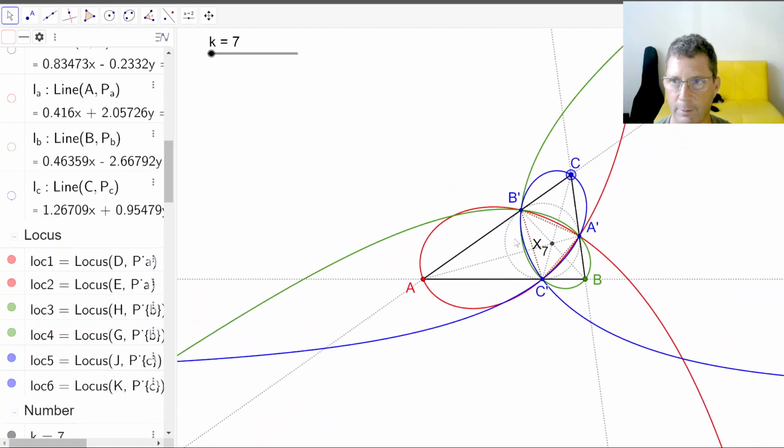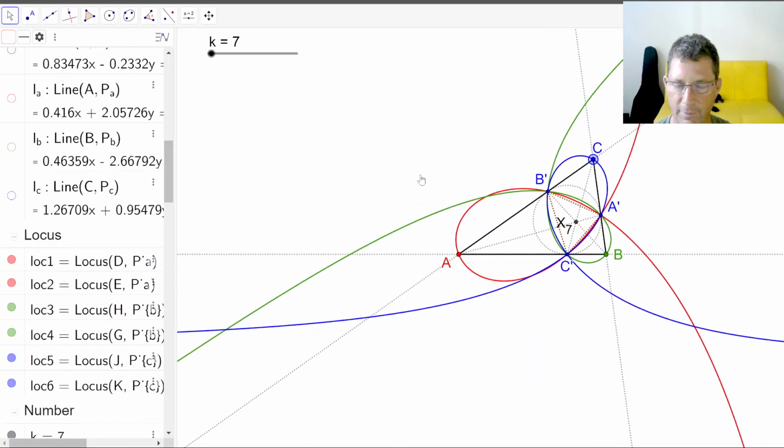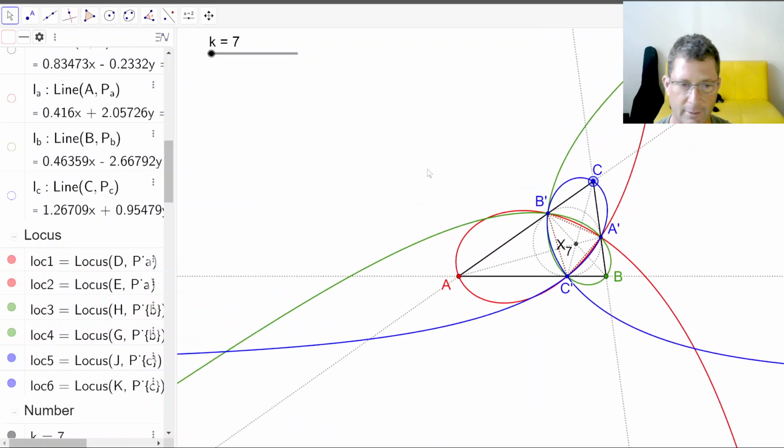Now, I've been told by Professor Liliana Gheorghe, not related to Gergonne, that these three intersection points also have interesting properties, namely that they're homothetic to the original triangle.